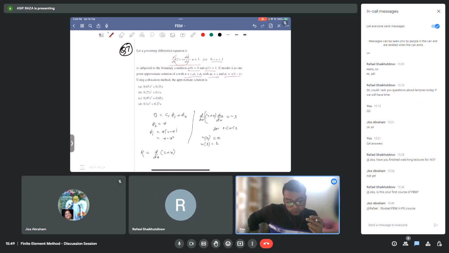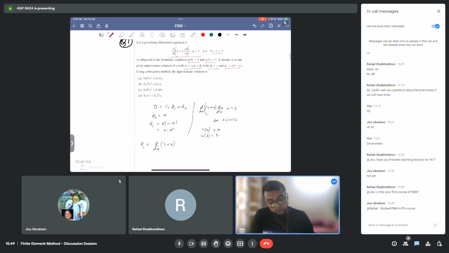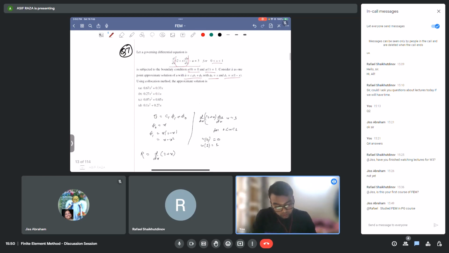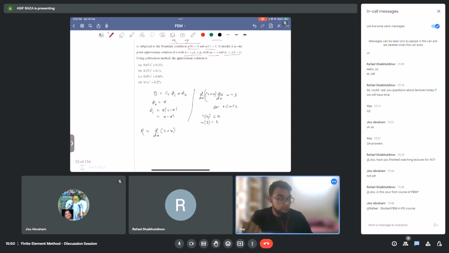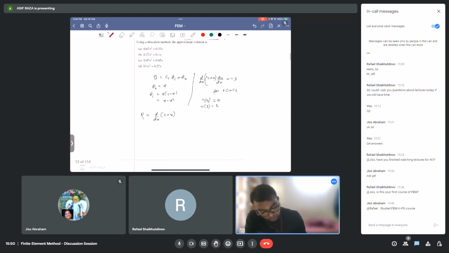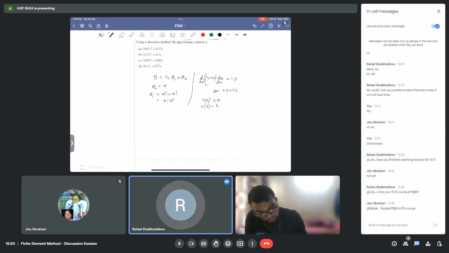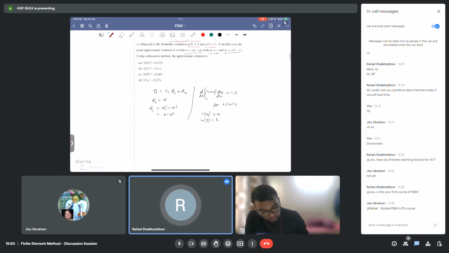Okay, let's try both ways and find what the solution will be with respect to each differential equation. What is the second option for considering this d/dx?